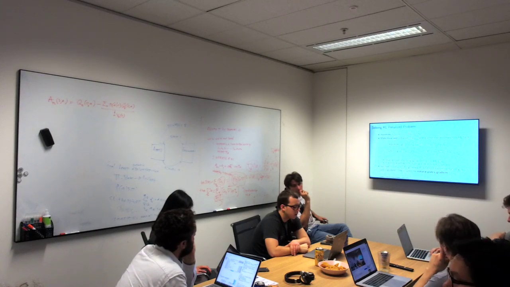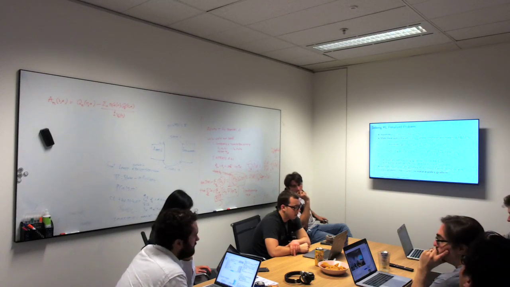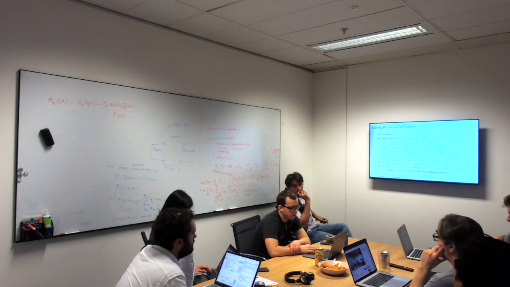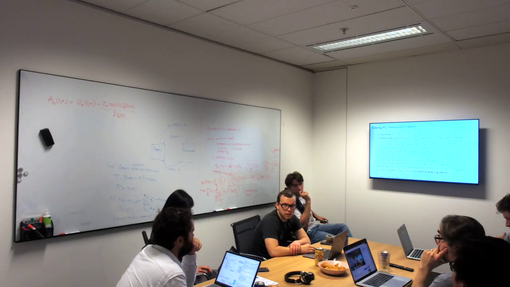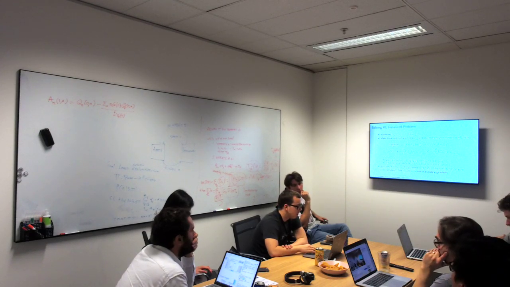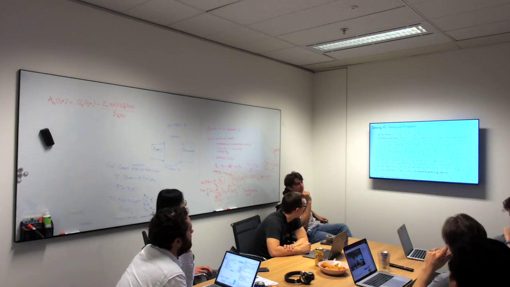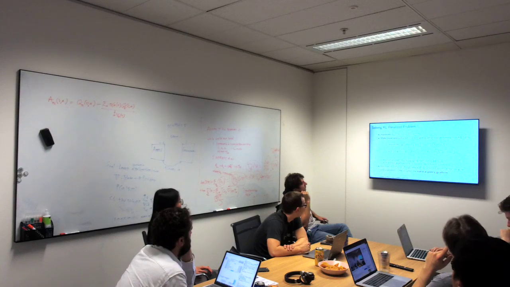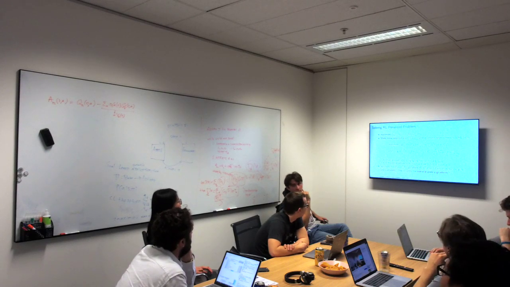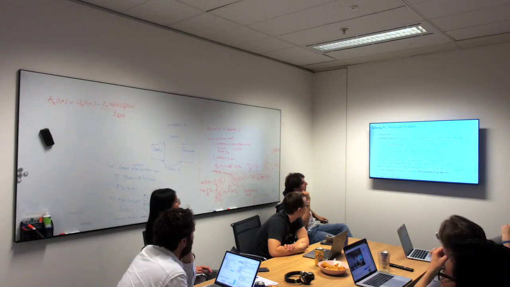Right. Okay. And then there's this theorem that says that we can make a metric based on the KL divergence. So G is typically the negative log likelihood contribution.